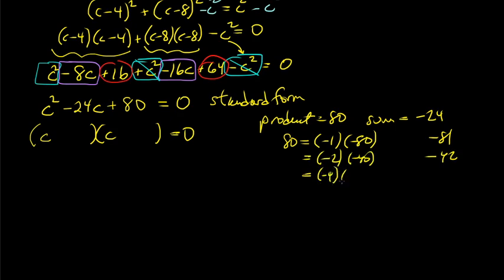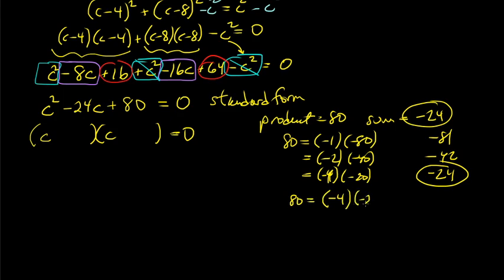It's not negative 4 and negative 20. That's negative 24. Oh, my bad, that's actually correct. Negative 24. I skipped negative 3 because I knew 80 is not divisible by negative 3. So let's just make sure, because it's a little sloppy here. 80 is negative 4 times negative 20, and negative 4 plus negative 20 is indeed negative 24. Okay, so the two numbers are negative 4 and negative 20.